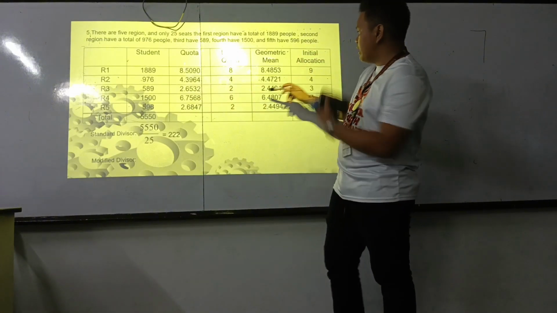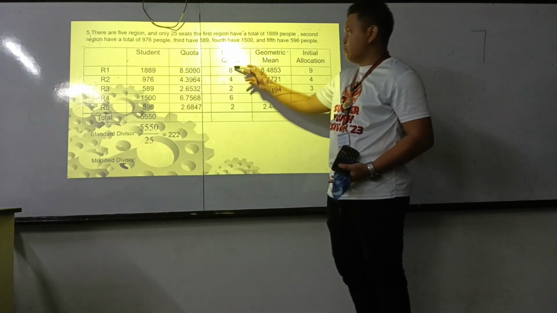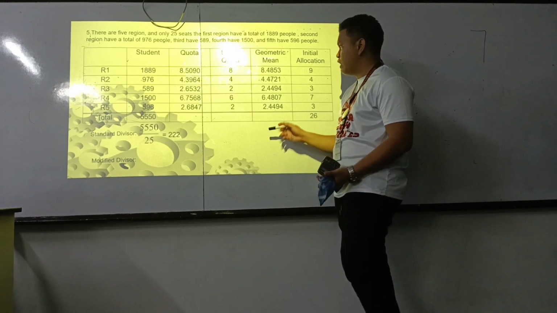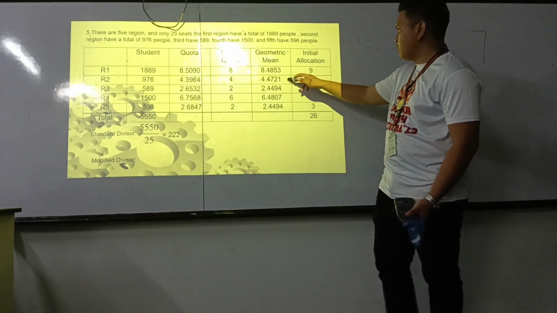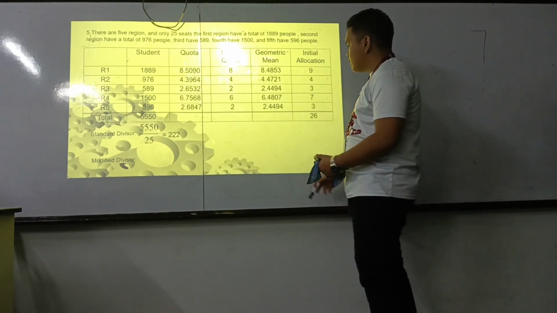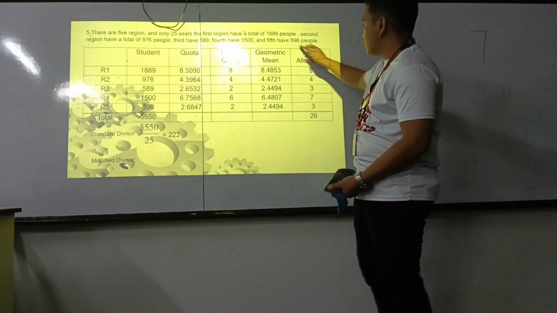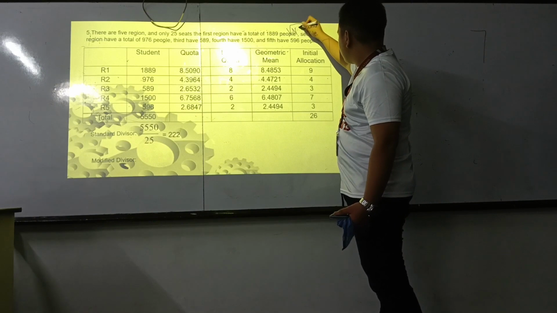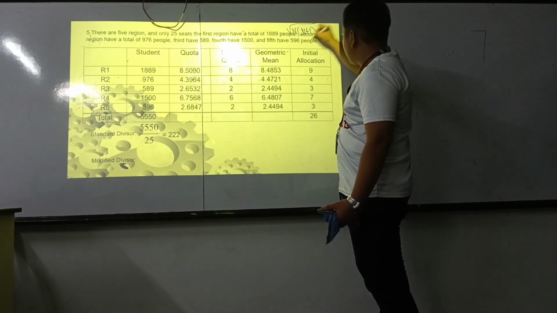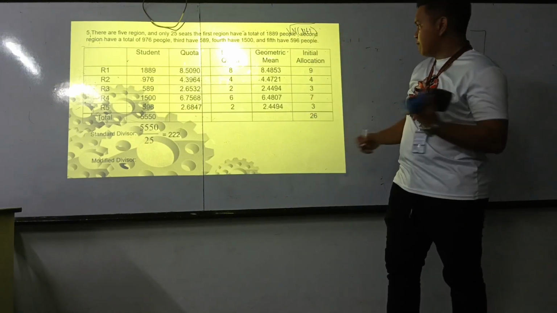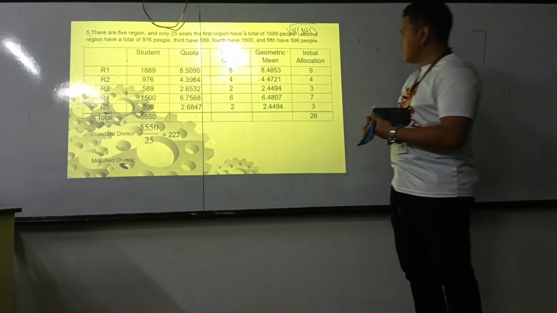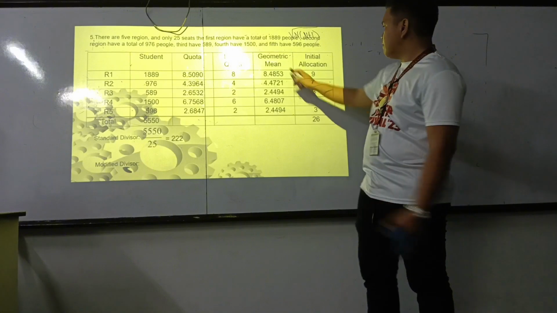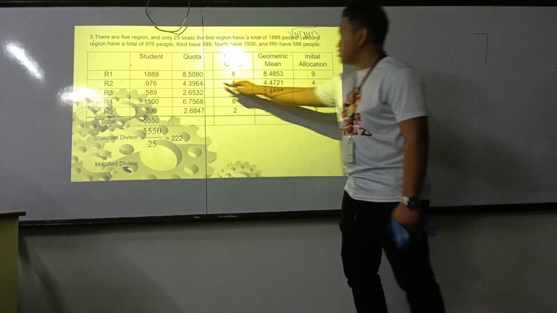And our geometric mean is the square root of 8 times 8 plus 1, which is equal to 8.4853. That's our formula to find our geometric mean. So for our initial allocation in region 1, the geometric mean is lower than the quota.